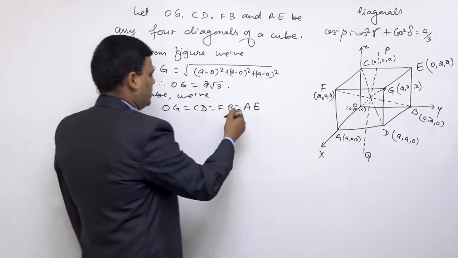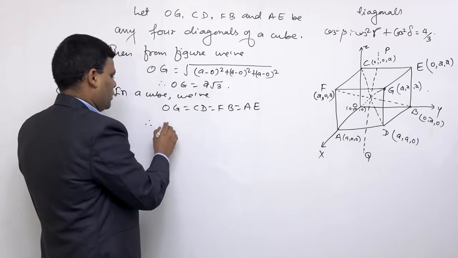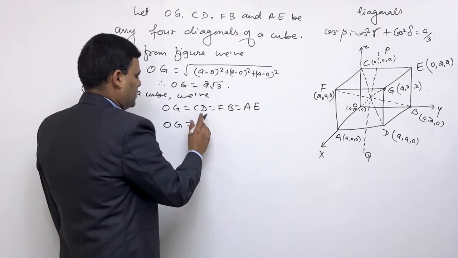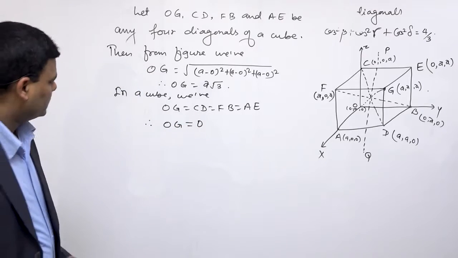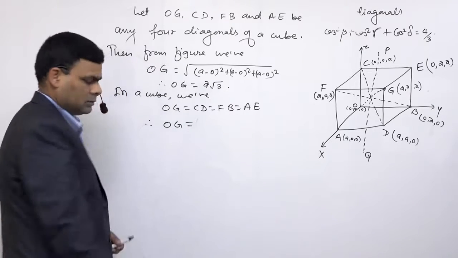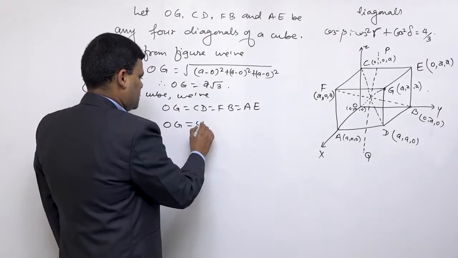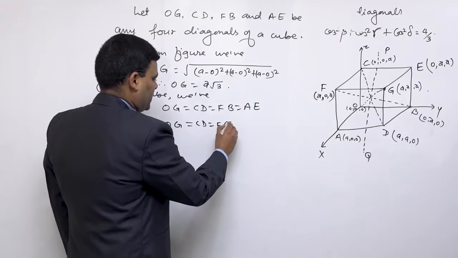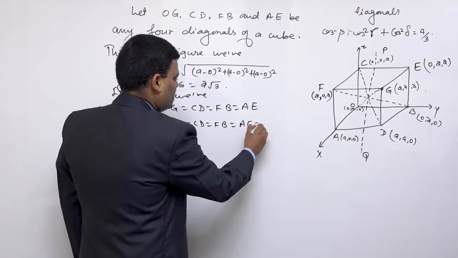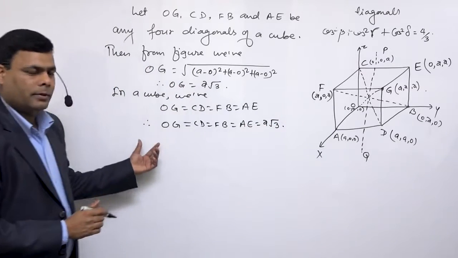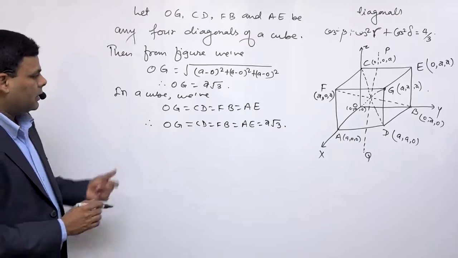Therefore OG equals CD equals FB equals AE equals a root 3. Okay.